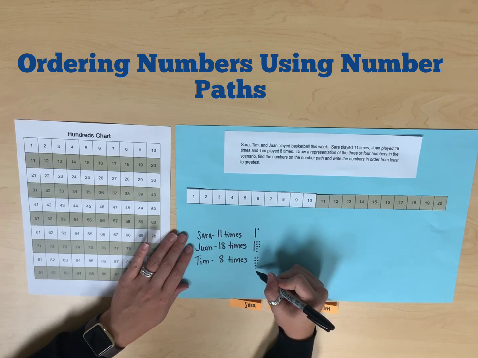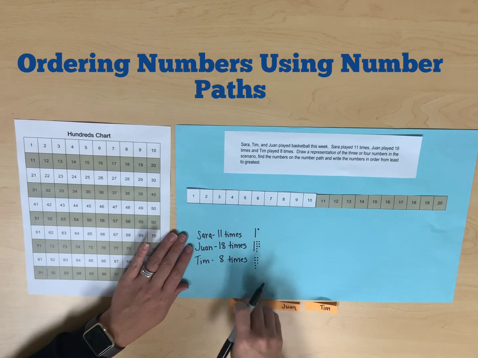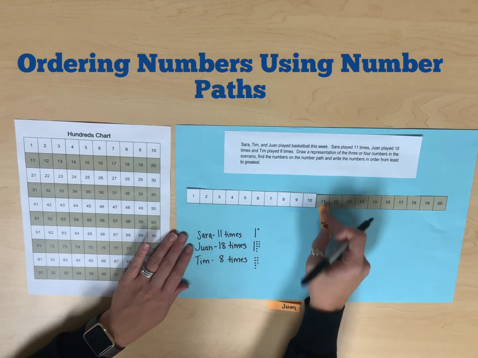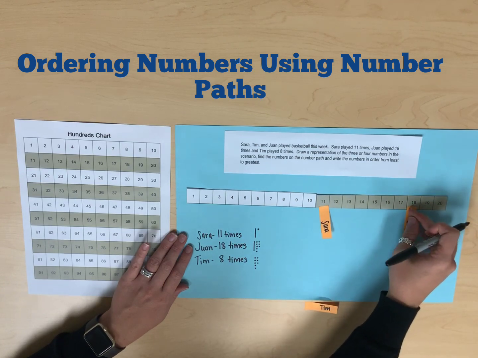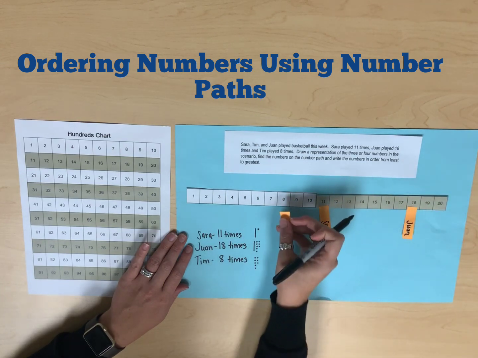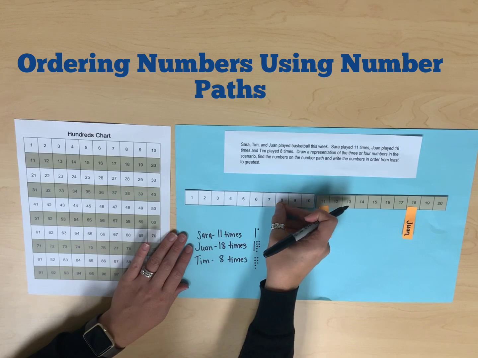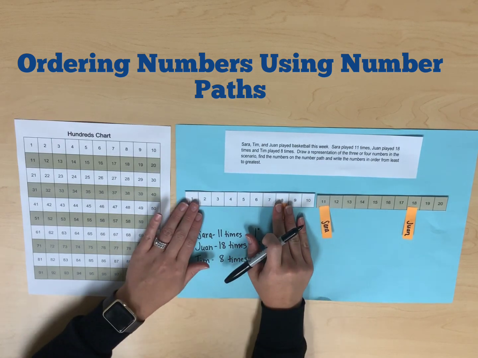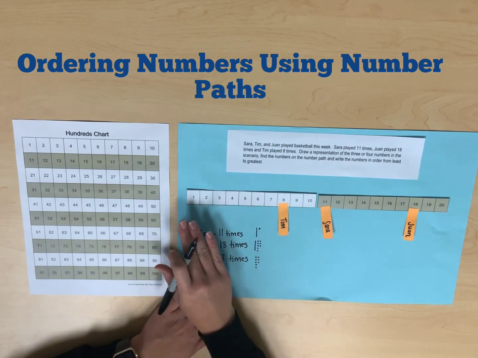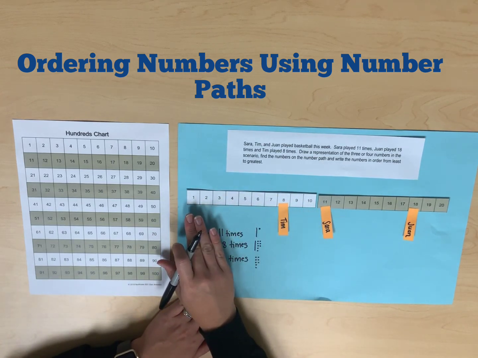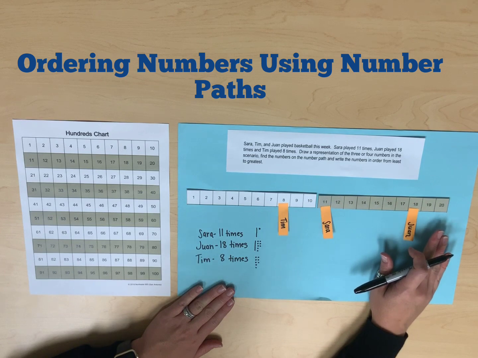Let's find the numbers on the number path. Sarah played 11 times. Juan played 18 times. And Tim played 8 times. I know on a number path that my numbers go from numbers that are smaller to numbers that are greater.